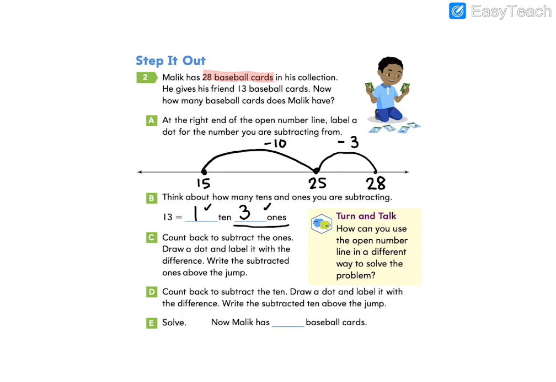So I'll show that I subtracted my 10. So how many baseball cards does Malik have? Malik has 15 baseball cards.